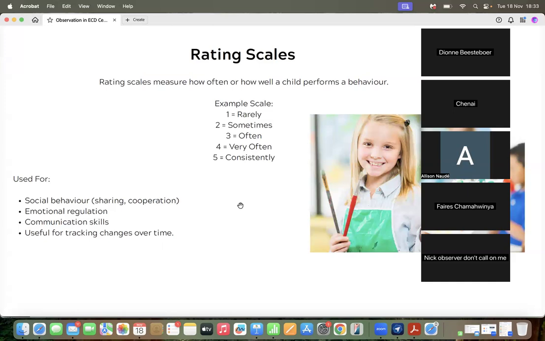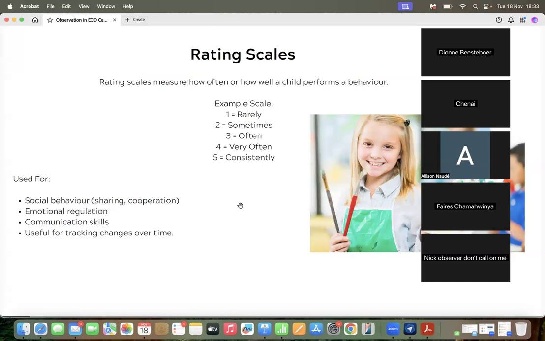It is good to use for social behavior, emotional regulation, communication skills, and useful for tracking changes over time. It's a great way to measure the degree of behavior. It can also help us to see on a more consistent level if that child improves.